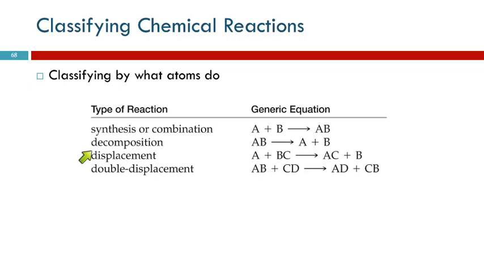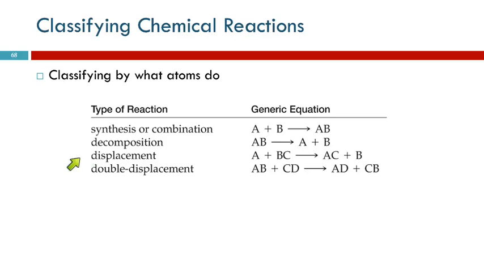We can have displacement and double displacement. So we have seen these double displacement reactions as acid-base reactions and precipitation reactions where the partners are switching places. Here A and C are the guys and B and D are the girls, and they're swapping partners. They came to the party and they left with somebody else.